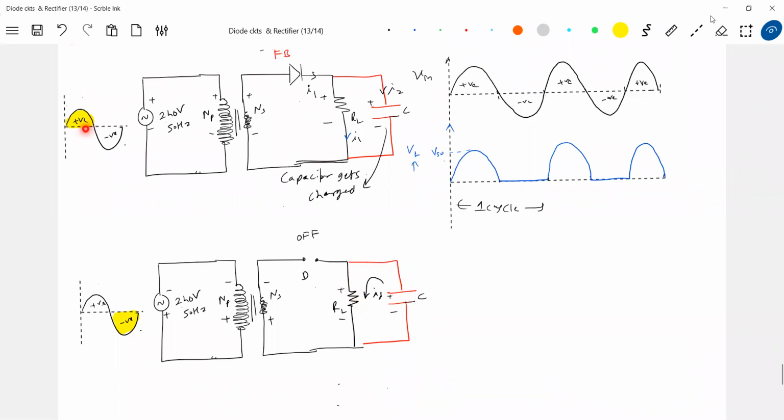Till another positive cycle arrives here. So like that, during the positive half cycle the capacitor gets charged. During the negative half cycle, the capacitor gets discharged.